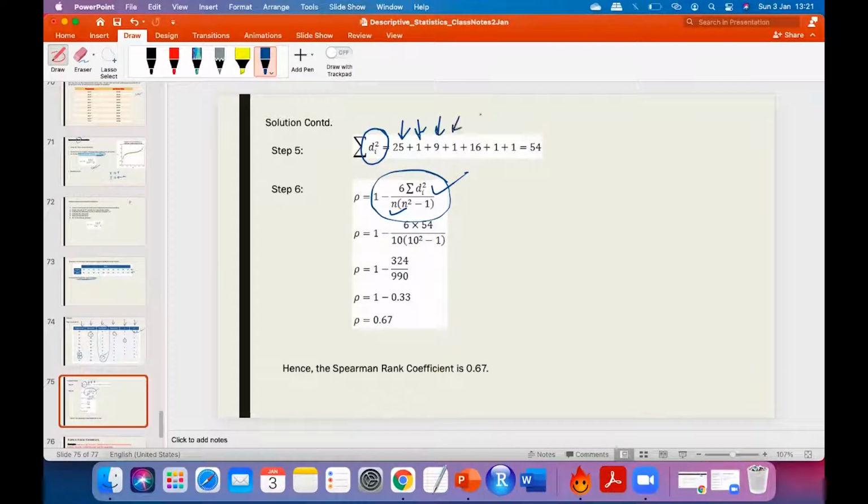So I added all the D squares and got 54. The formula says 6 into summation of D square, 6 into 54 upon N, what is the value of N? Sample size, 10. Not 10 samples; 10 samples is a completely different thing. So 10 into 10 square minus 1.